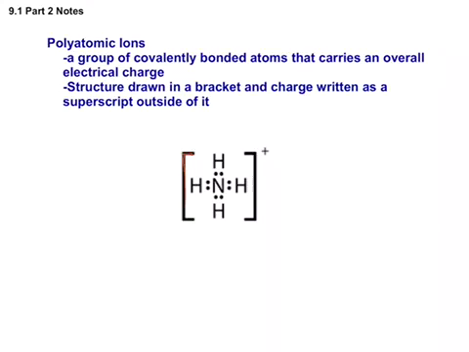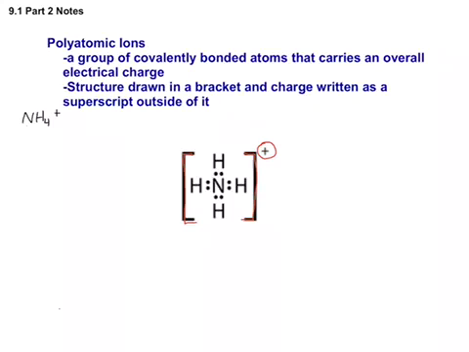As you can see here, we have the brackets, and we indicate the overall charge. So when you figure out the total number of electrons for a polyatomic that you have to draw the structure for, here this structure would be for NH4+.